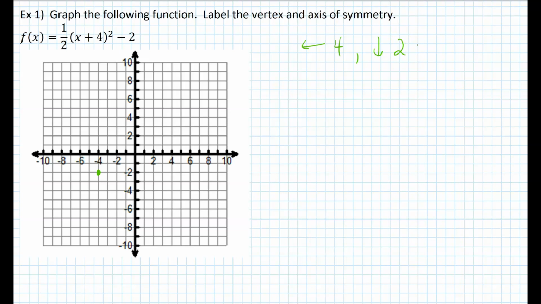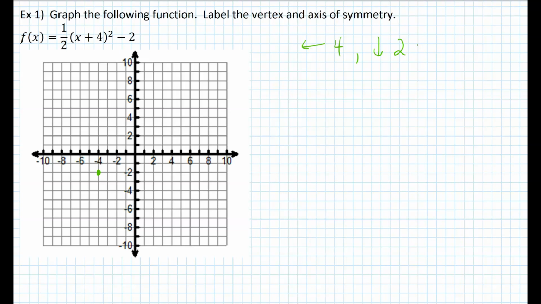Okay, and then what's the other thing we have to pay attention to? Well, it's a quadratic function, so it's x plus 4 squared. Whatever you were plugging in for x, you would have to multiply by itself.